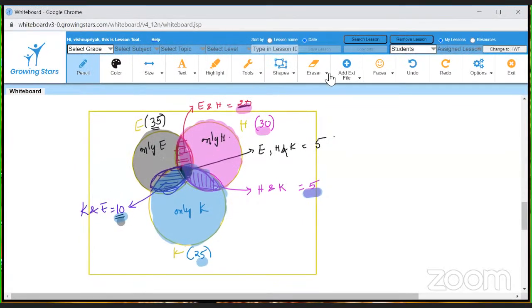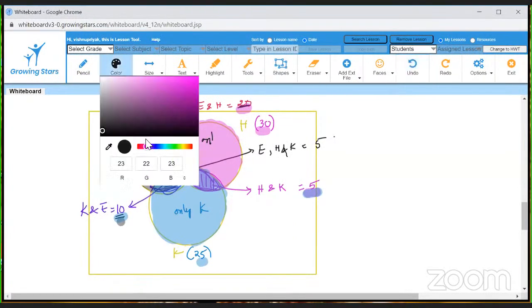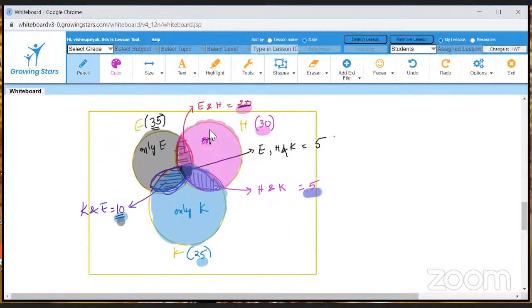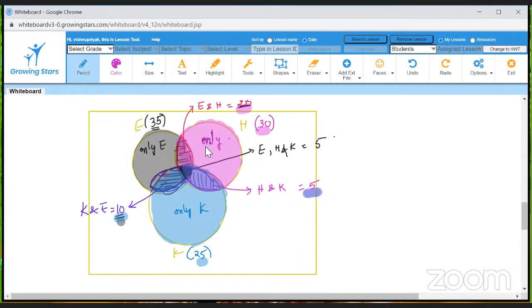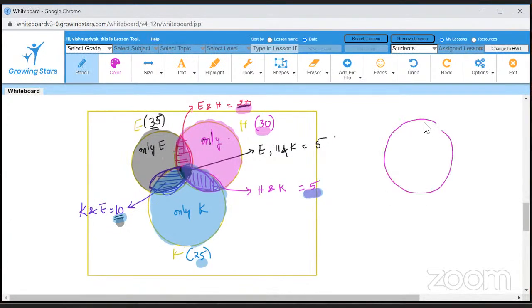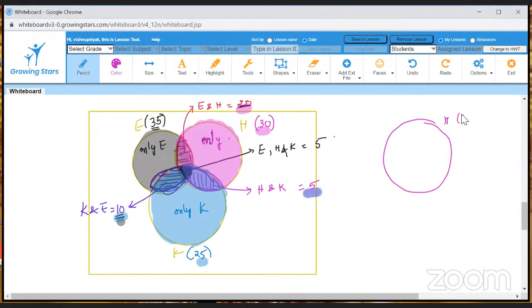If you want to know, what will you do? Think over. Only Hindi, what will you do? For example, this is the Hindi circle. 30 are there.